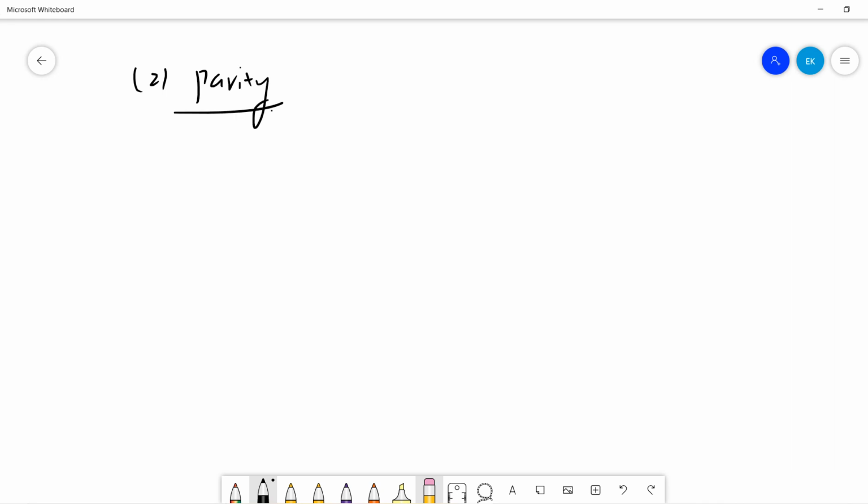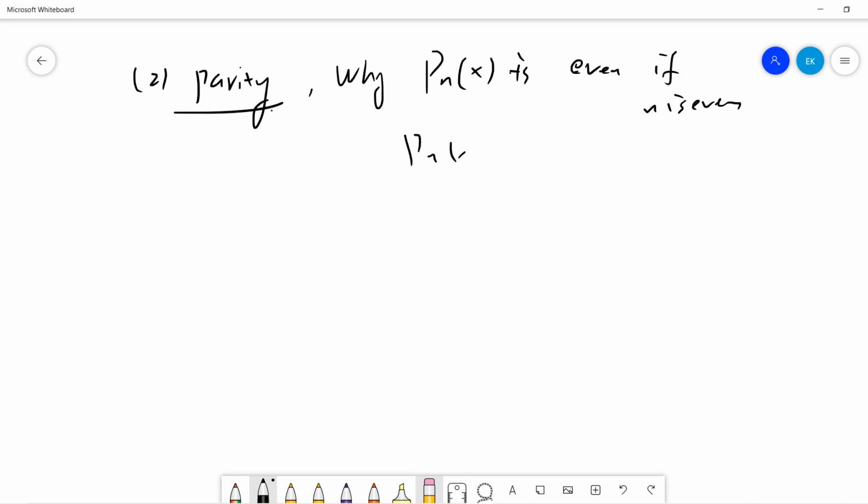The next thing I want to discuss is the parity. I want to show that P_n(x) is even if n is even, and P_n(x) is odd if n is odd.